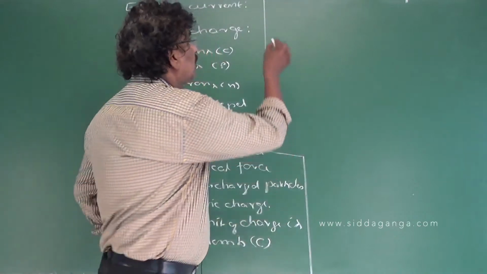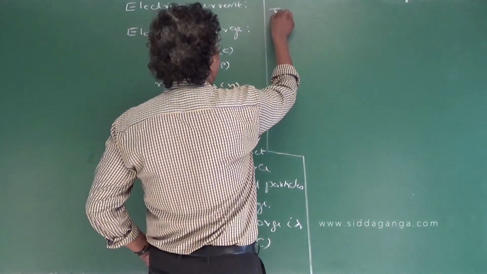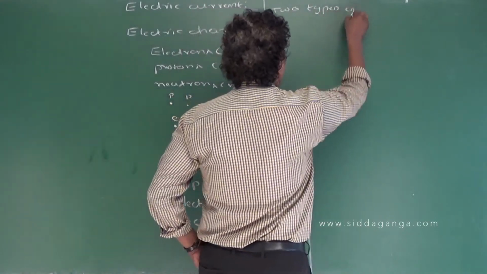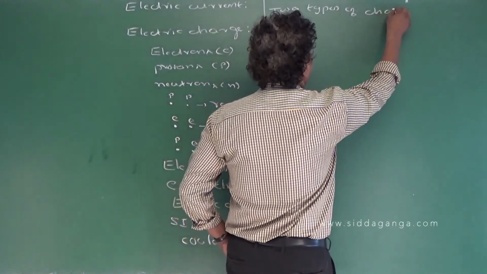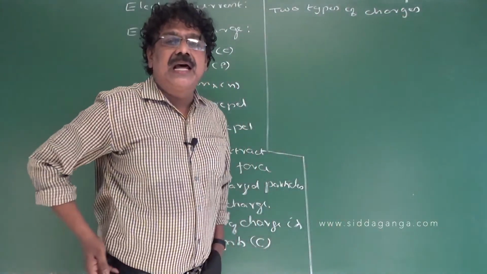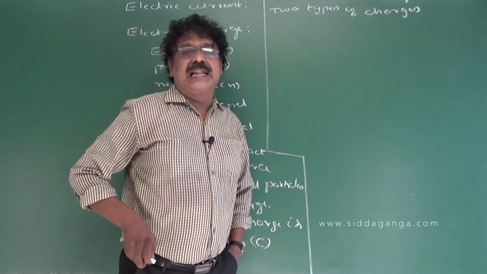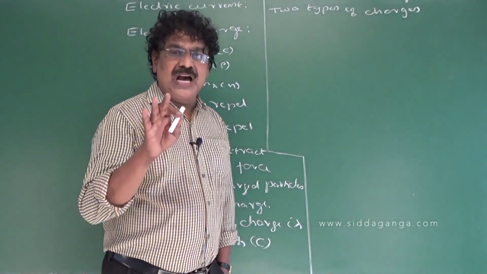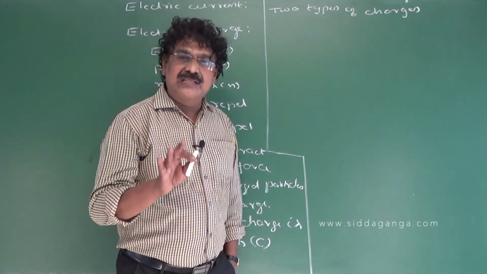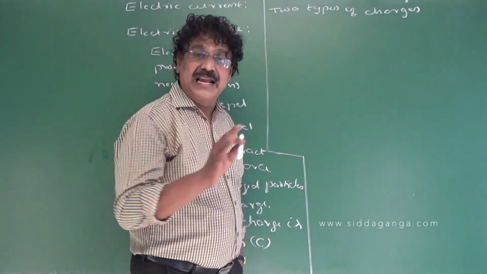Therefore there are two types of electric charges. By convention, the charge of a proton is called positive charge and the charge of an electron is called negative charge.